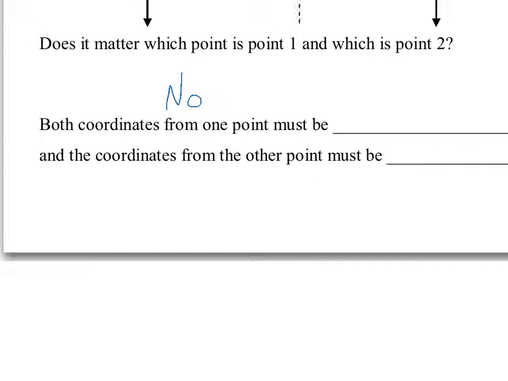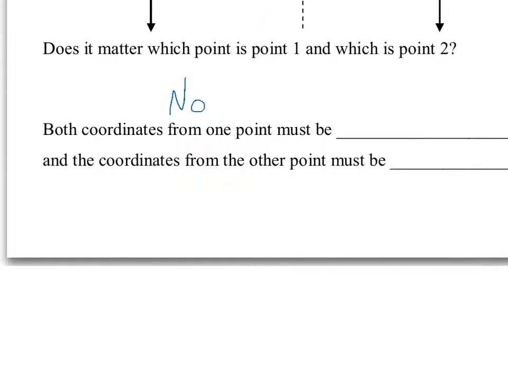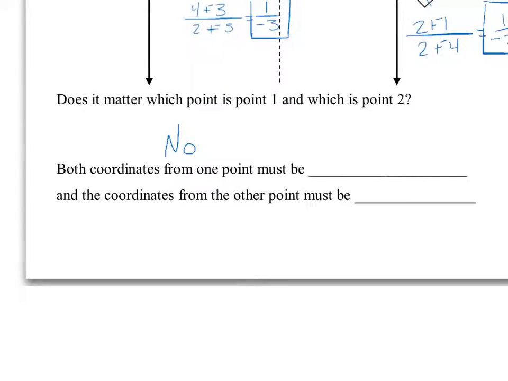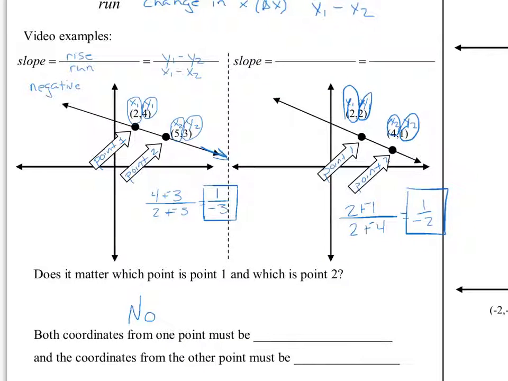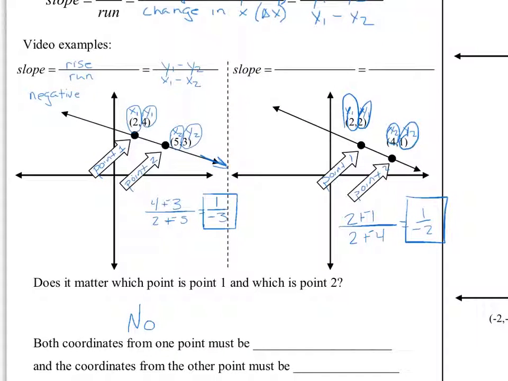All right. Both coordinates from point 1 must be, and we're going to talk about this thinking about our equation over here. Both of my coordinates from point 1 are here, and both of my coordinates from point 2 are here.